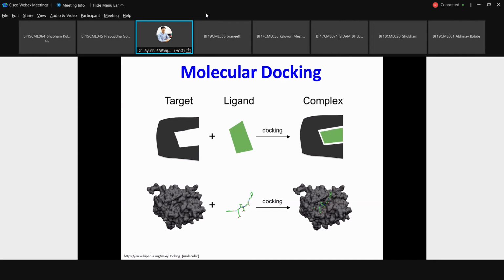Can someone talk in terms of any criteria that we use in both the methods when you are screening the compounds? In QSAR, we use activity, and in molecular docking, we use binding energy or affinity. Okay, that should be one of the major differences.